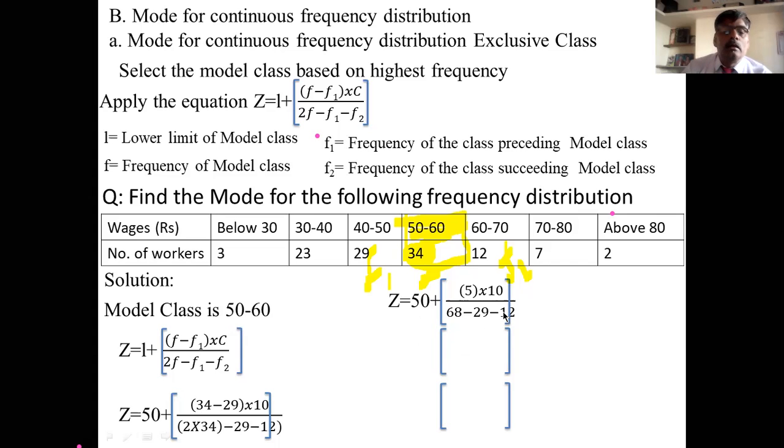Then Z is equal to 50 plus 50 divided by 27, which is 1.85.